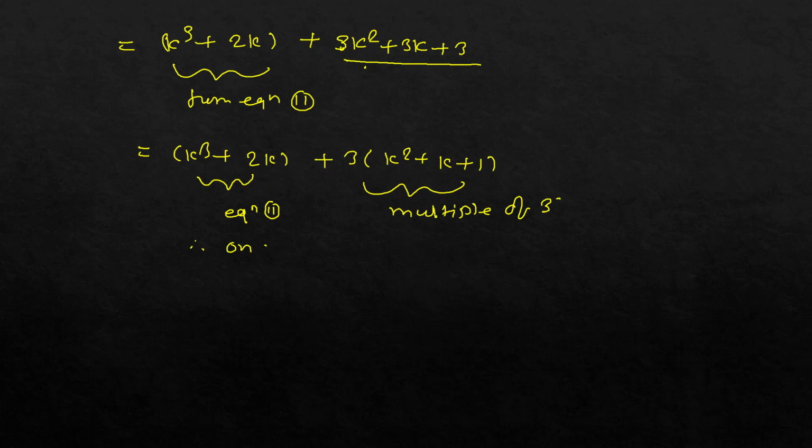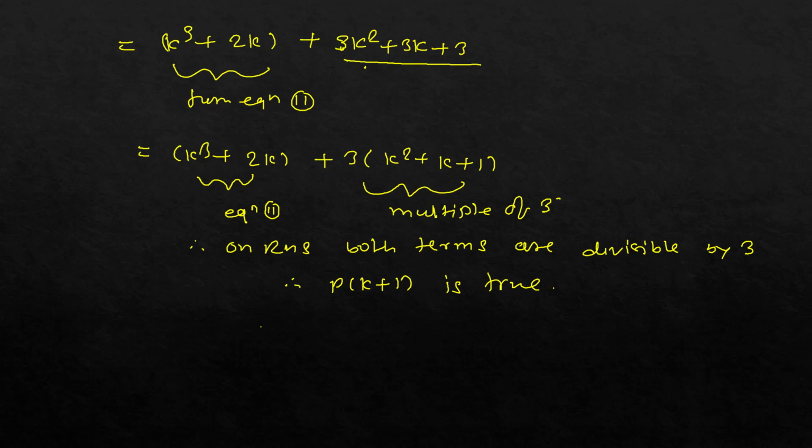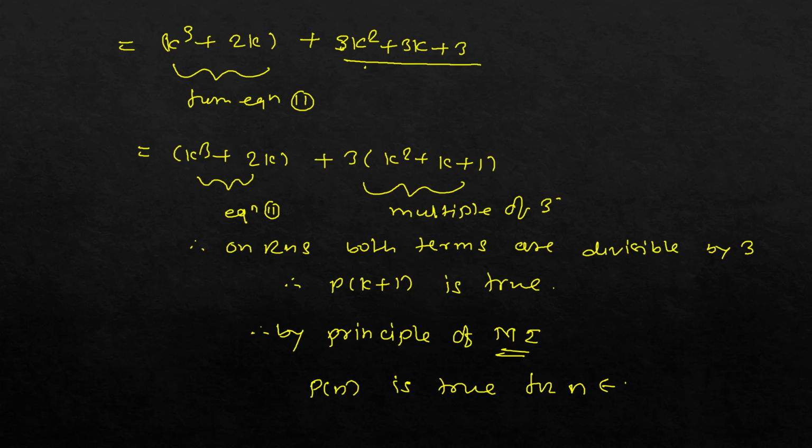Therefore on RHS both terms are divisible by 3. Therefore P of k plus 1 is true. Therefore by principle of mathematical induction, P of n is true for n belongs to capital N.